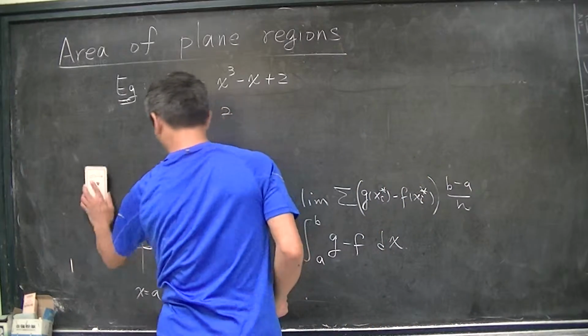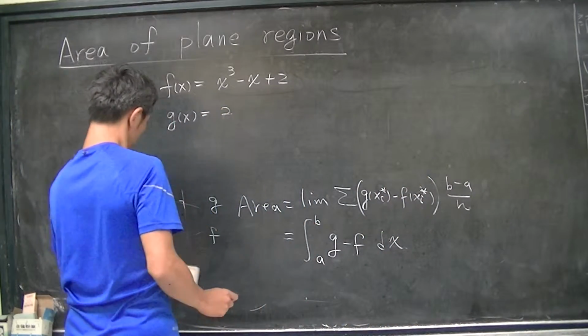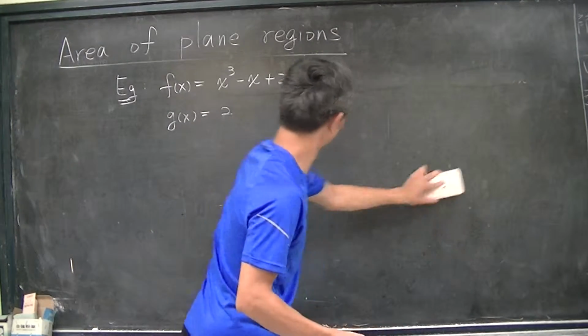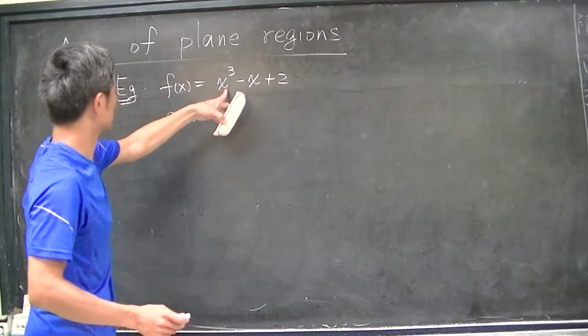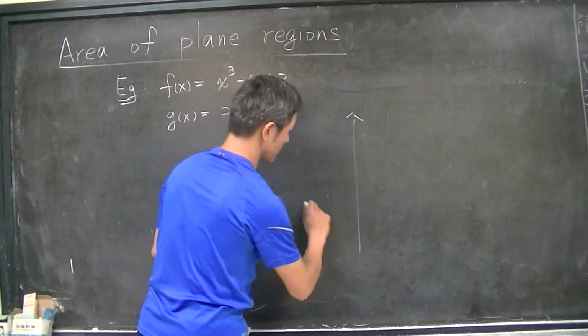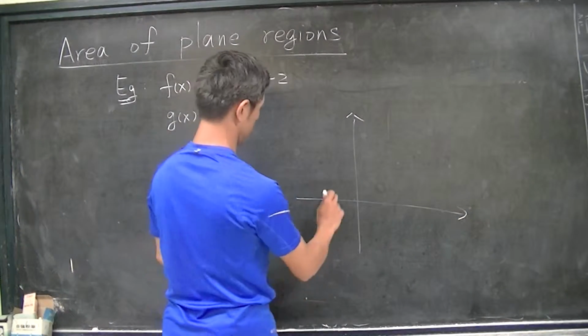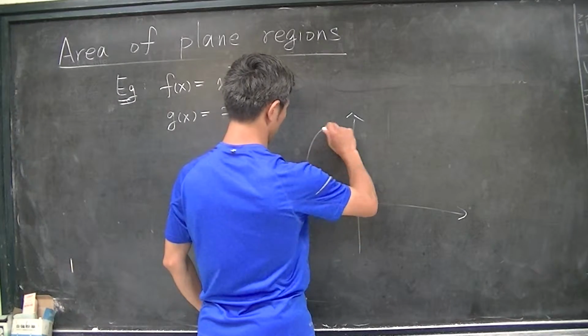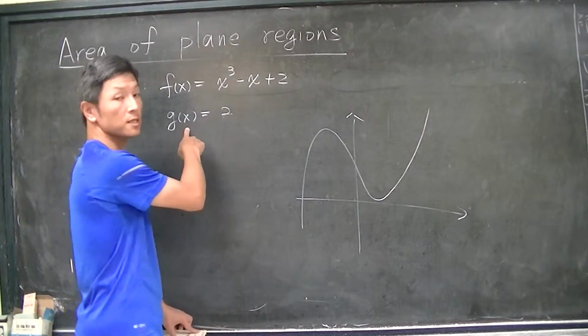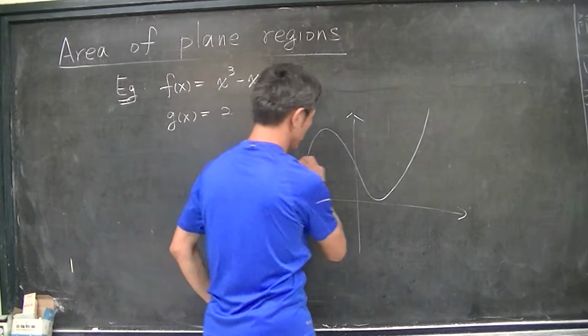So let's draw the graph first. This is a polynomial of degree 3, so the graph looks like this. And this is just a horizontal line.